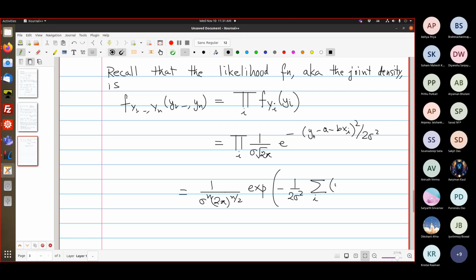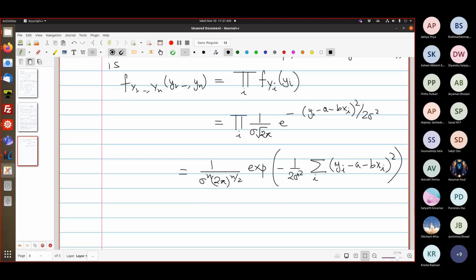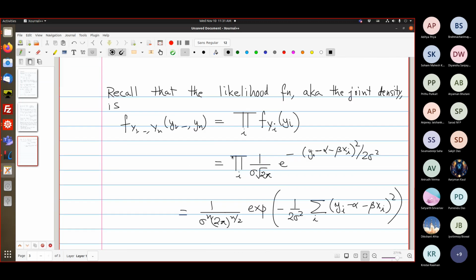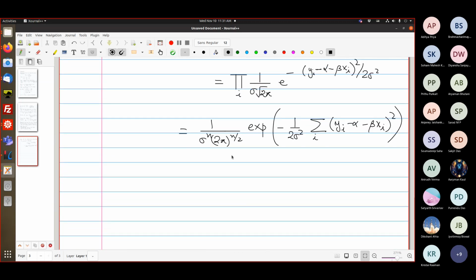Oh, that should be a yi, sorry, and this should be alpha and beta. Okay, so we are constructing these.